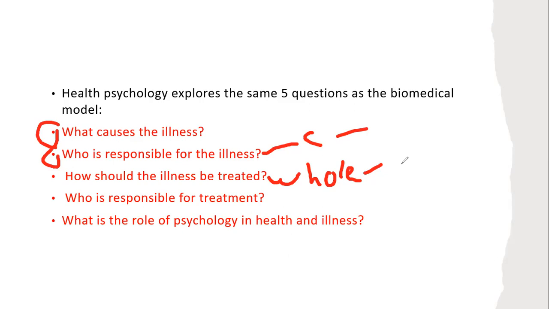Wait a minute, how are we creating this environment for this person because we've noticed that their Alzheimer's is worsening. Wait a minute, who are they around? What situation are they in? They're looking at the whole picture and the various strategies, and specifically coping strategies.